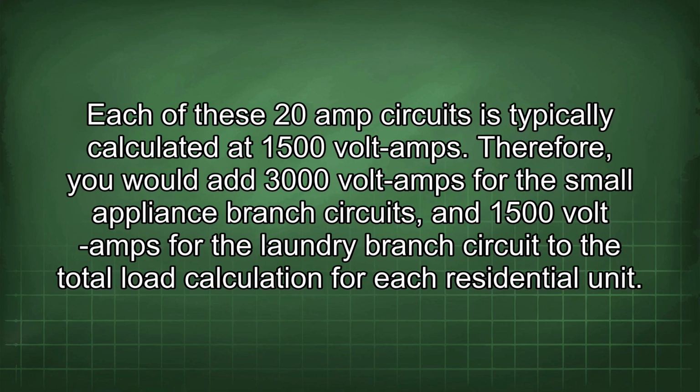Each of these 20-amp circuits is typically calculated at 1500 volt-amps. Therefore, you would add 3000 volt-amps for the small appliance branch circuits and 1500 volt-amps for the laundry branch circuit to the total load calculation for each residential unit.